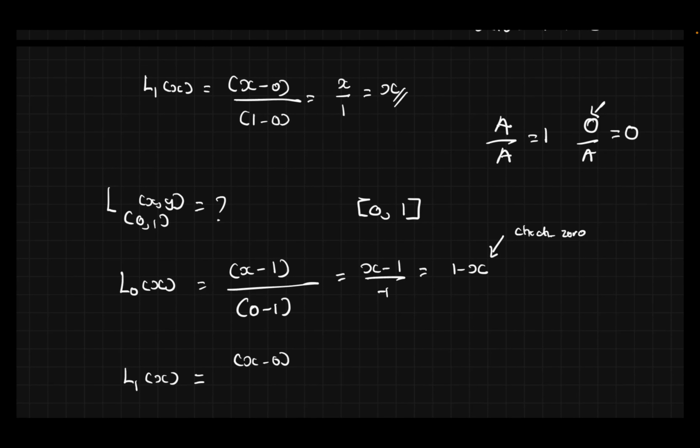It's always x minus what you want to destroy. You want to destroy 0, so it's x minus 0. Then the question is, what if there's a 1? You just need to put whatever it would have been underneath, so that's going to be 1 minus 0. You just evaluate the top at 1, and you get the bottom. So at the end of the day, you just have x divided by 1, which is equal to x.